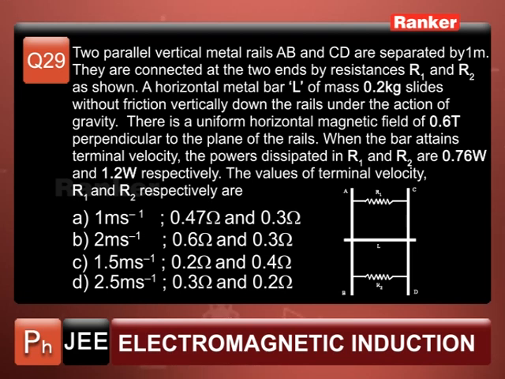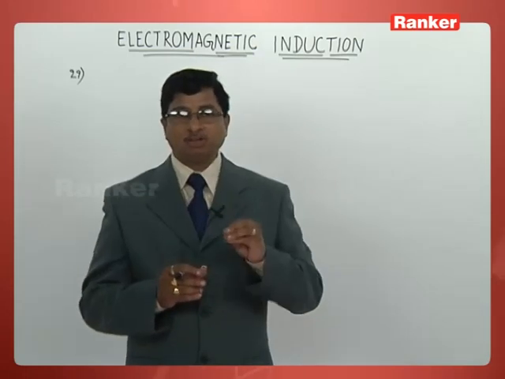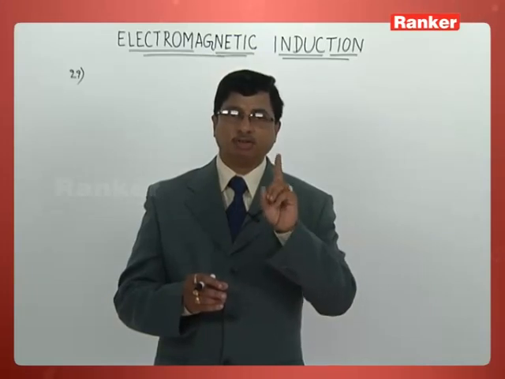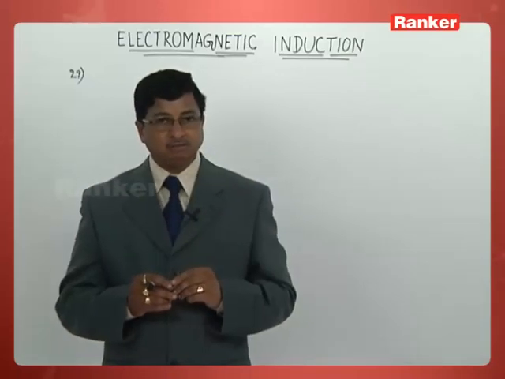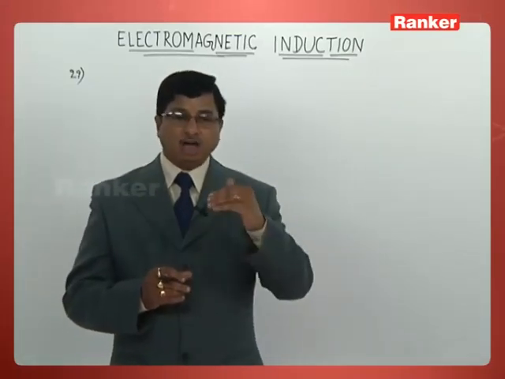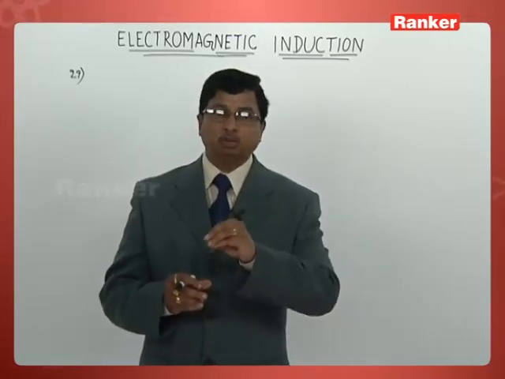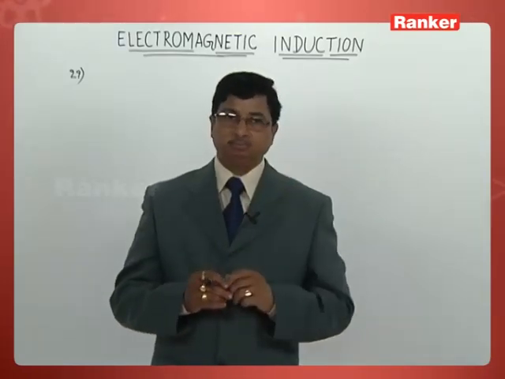Come to the fourth option, 2.5 meter per second being the terminal velocity and 0.3 ohm along with 0.2 ohm are the resistances given. But what we have to understand here is, out of all the four options, the first option is the correct option for us. That is, terminal velocity is going to be 1 meter per second in this calculation, and R1 is going to be 0.47 ohm and R2 is going to be 0.3 ohm. These are the two resistances mentioned in the problem.